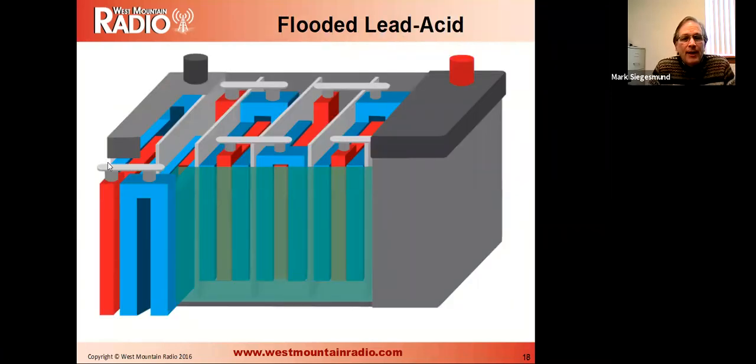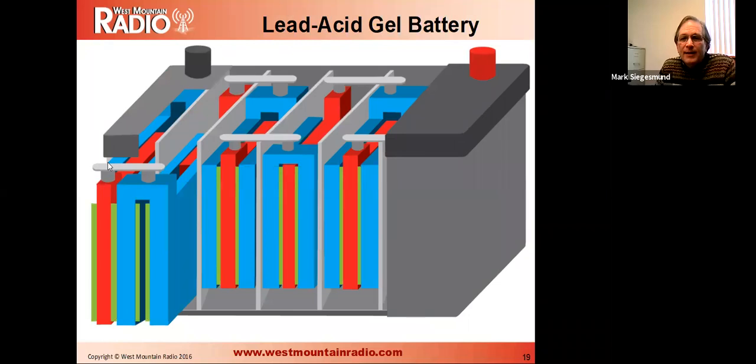This is the flooded battery I told you guys not to use. Just to give you an illustration of what it looks like. We basically have lead plates in there, and then it's filled with an acid that just floods the plates. This is a newer type of battery. This is the sealed lead acid battery.